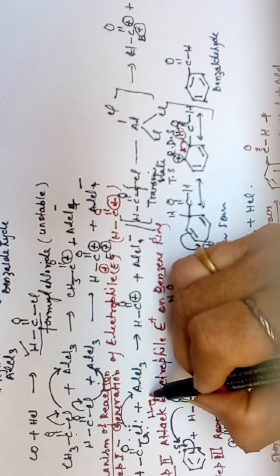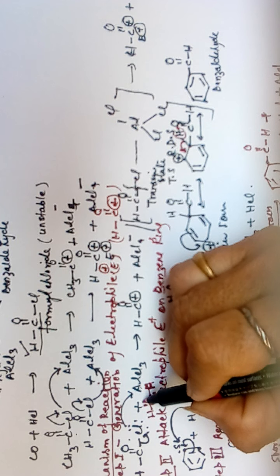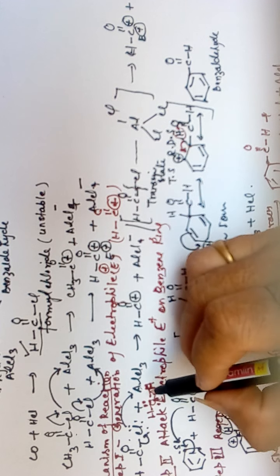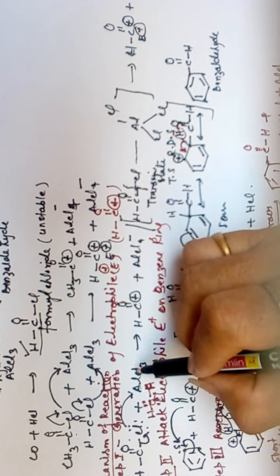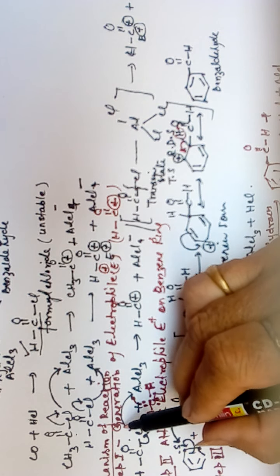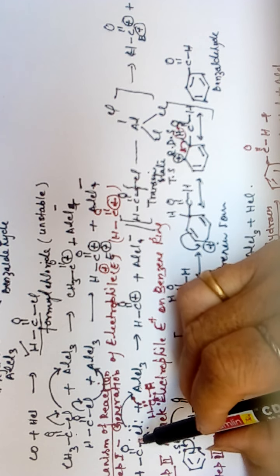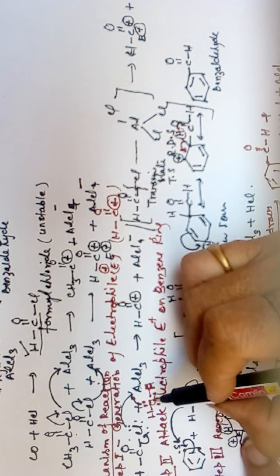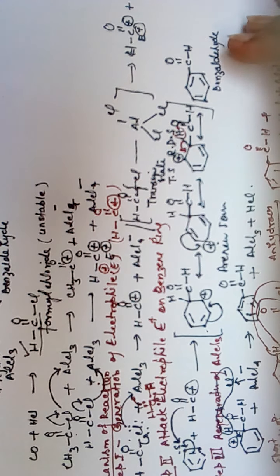The oxygen of water has two lone pairs of electrons, and AlCl3 takes this lone pair of electrons from water, not from Cl. So what happens? It cannot generate the electrophile from this compound. So we take anhydrous AlCl3 in this reaction.